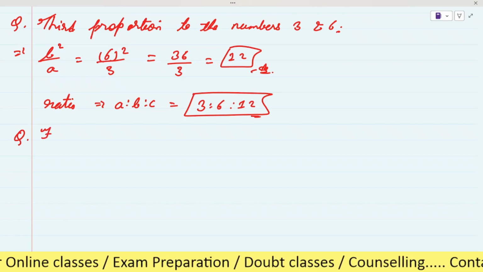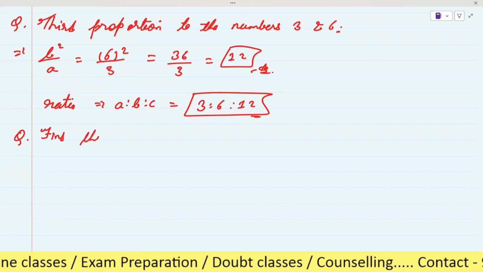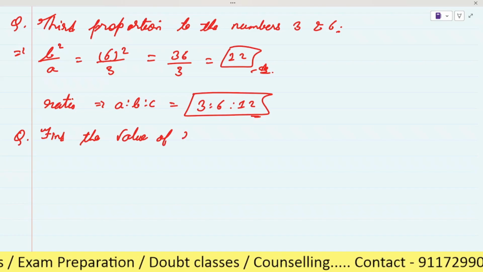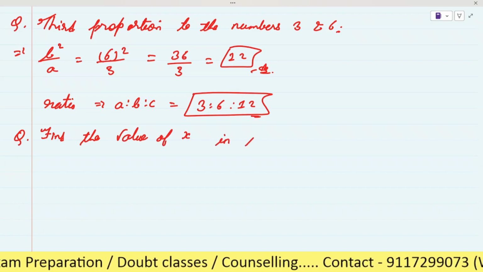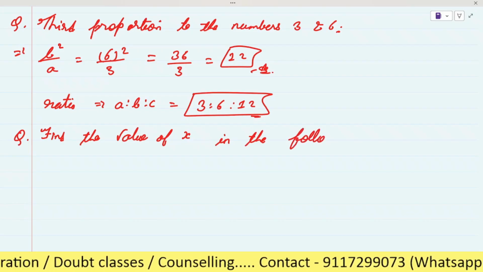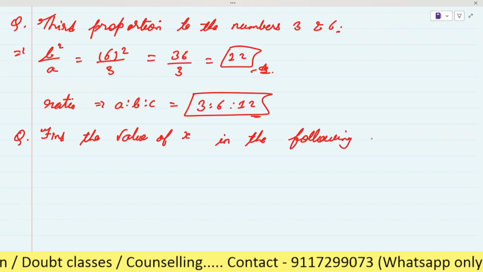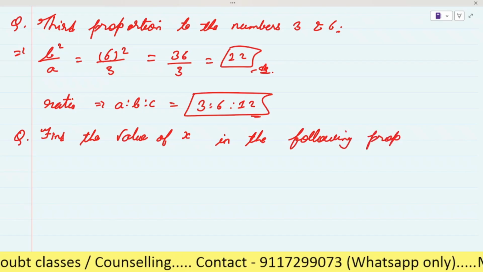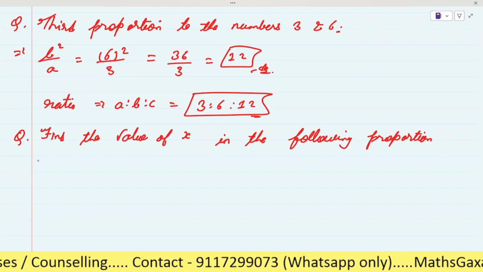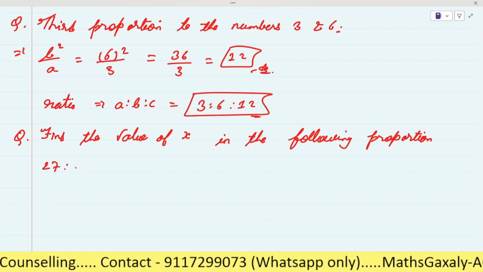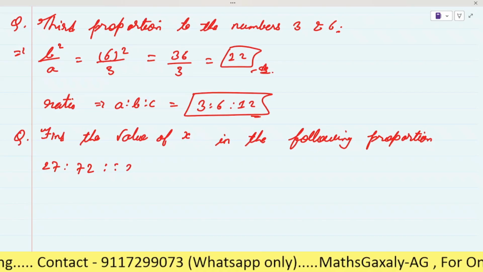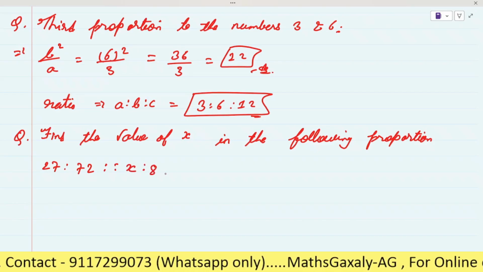Now try this question. Find the value of x in the following proportion. 27 is to 72 proportional to x is to 8.